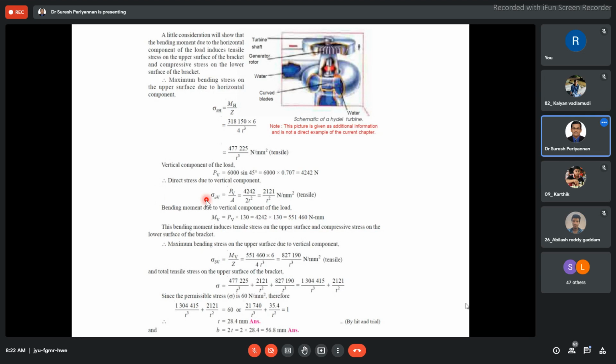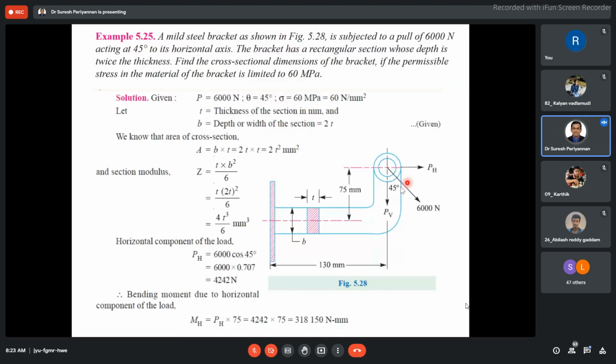Usually we have to consider sigma V equal to PV by A, with respect to the vertical component of the bracket. Now that I think about what you asked, when we apply this, it should be considered because this is a direct stress.